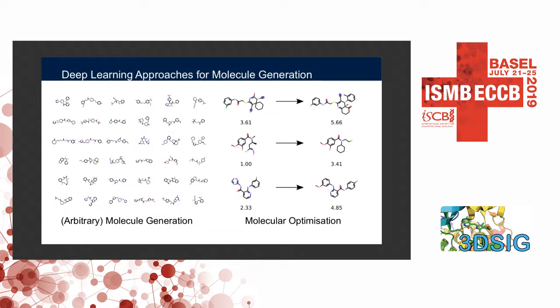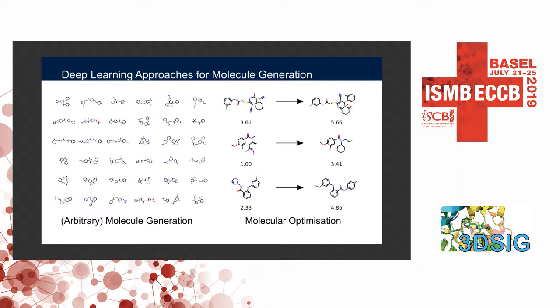The two generative tasks that have typically been addressed by the publications to date are either what I'm calling arbitrary molecule generation on the left-hand side, where the goal is to learn to reproduce some kind of prior or training distribution of molecules, whether that's a very general set, such as arbitrary molecules from, say, ZINC or ChEMBL, or a much more focused set, say you're trying to produce inhibitors for a particular protein target.